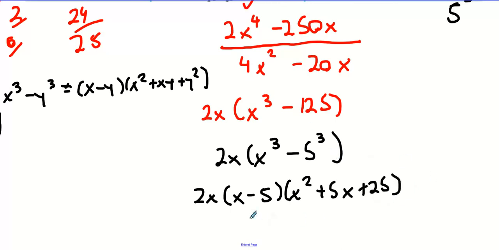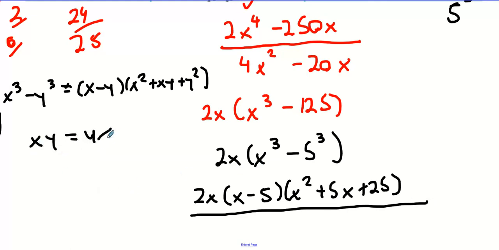Now, x multiplied by 5 is 5x. Multiplication is commutative. xy is the same as yx. In the same way, x multiplied by 5 is the same as 5x. And generally speaking, you always put the x last.